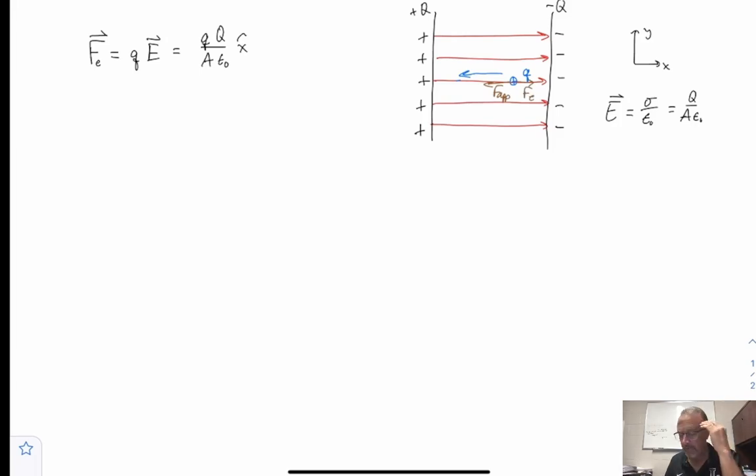It's experiencing a force Fe to the right. We have to apply the force F applied to the left. And the applied force, the force we apply, is going to be equal and opposite to the electric force. Okay, so if the electric force is in the x-hat direction, the applied force will be in the negative x-hat direction.